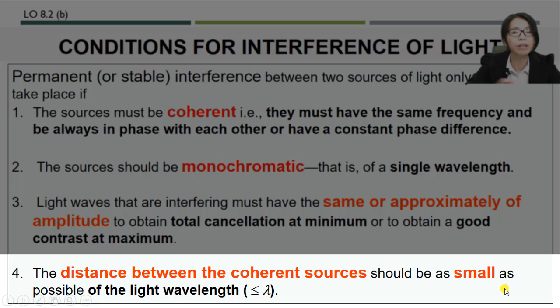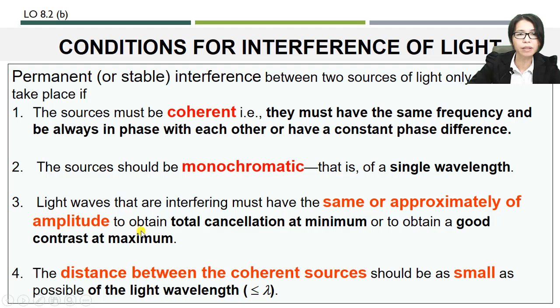The distance between the coherent sources should be as small as possible compared to the light wavelength in order for us to obtain a permanent or stable interference of light. So these are the 4 conditions for permanent or stable interference of light to occur: coherence, monochromatic, same or approximately the same amplitude, and the distance between coherent sources should be as small as possible compared to the light wavelength.